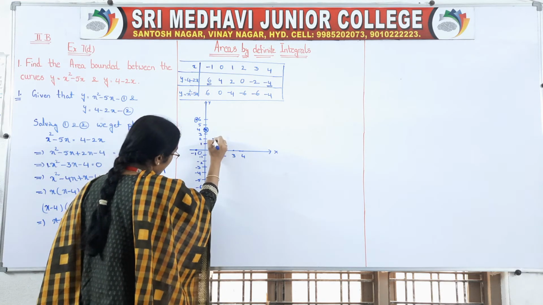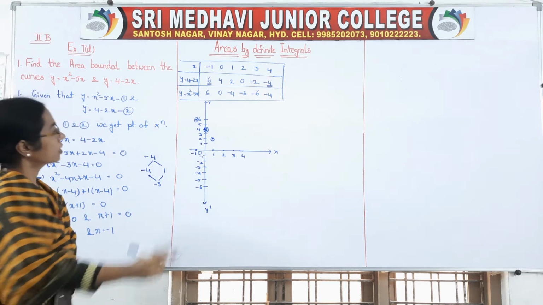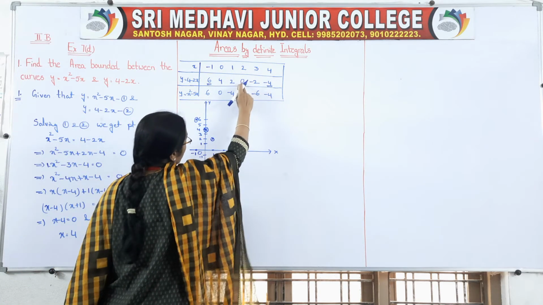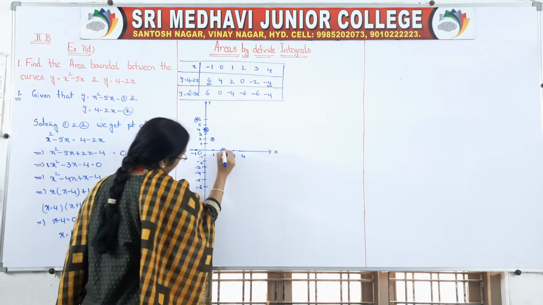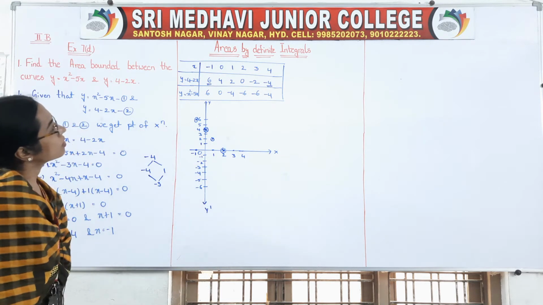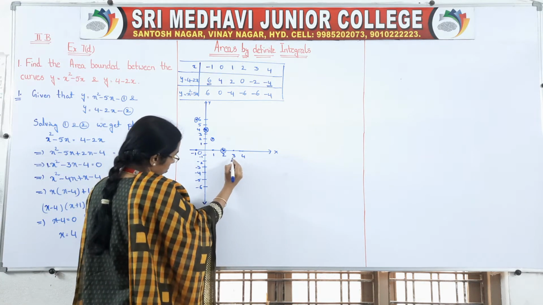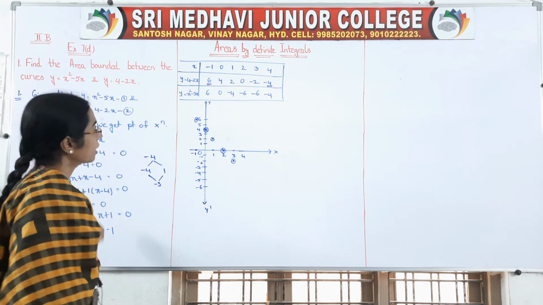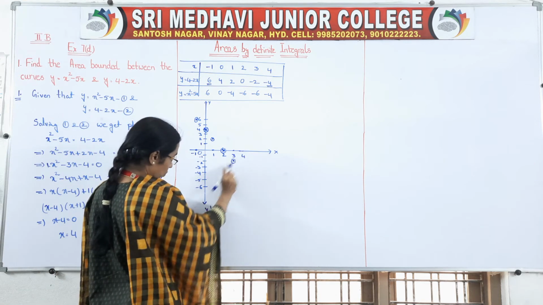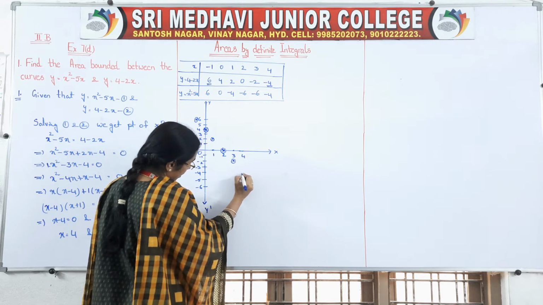Next x axis 2, y axis 0, that means the point is on x axis. Okay, next 3 at minus 2, this is 3 and minus 2 is this one. Okay, next 4 at minus 4, this is 4 and this one is your point.